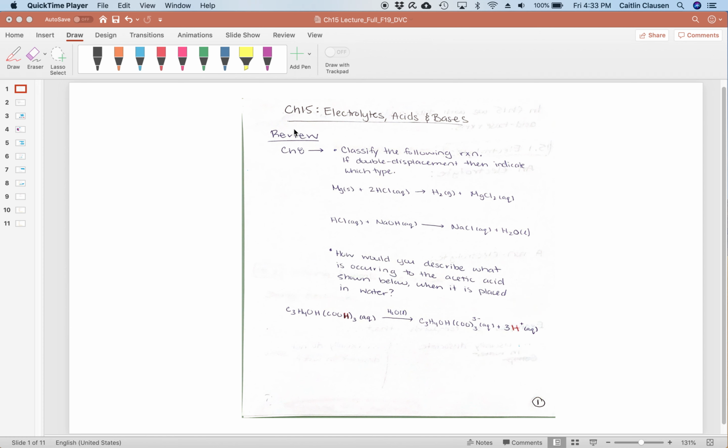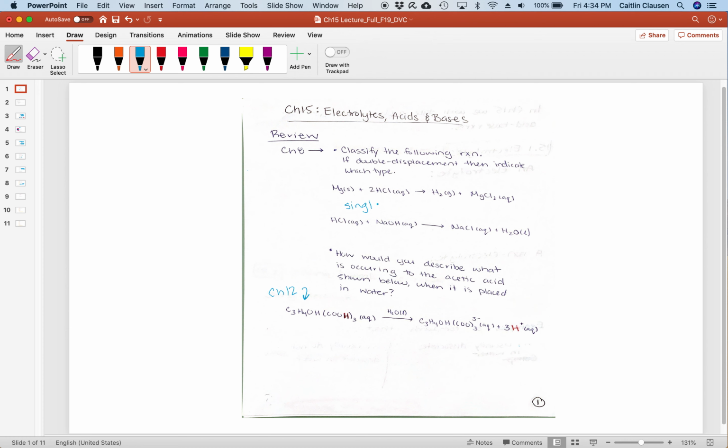Alright, so we started with this review of chapter 8 material and chapter 12 material, because these are going to apply to this section, as well as some chapter 14. So I asked you to classify these two reactions, and if either was a double displacement, to tell me which type. The first one is a single replacement.